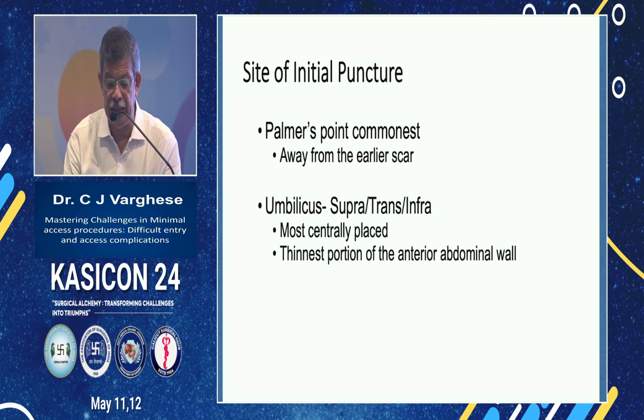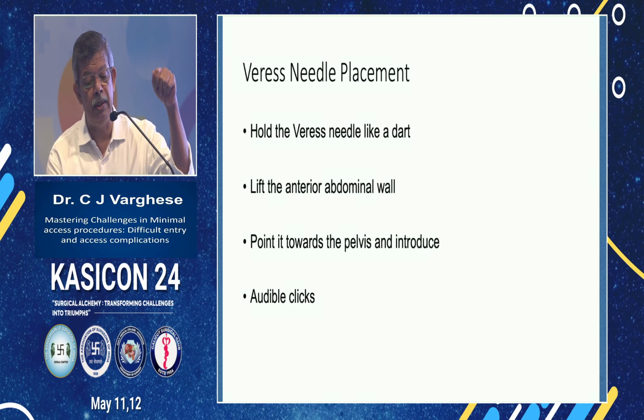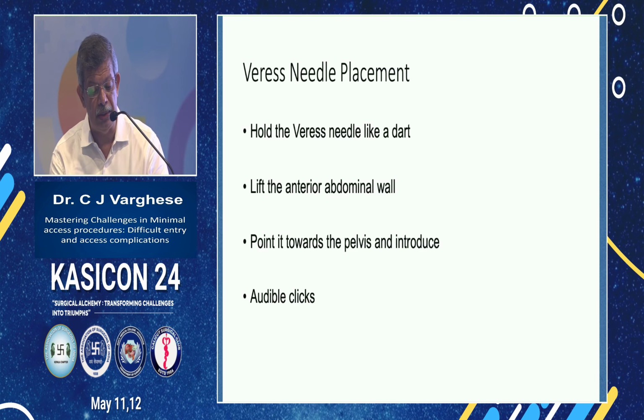There is a definite prescribed method of doing this technique. You have to hold the Veress needle like a dart or like a pen, not in a stabbing manner. Lift up the abdominal wall so that it moves away from the vital structures of the abdomen, the bowel and the blood vessels.